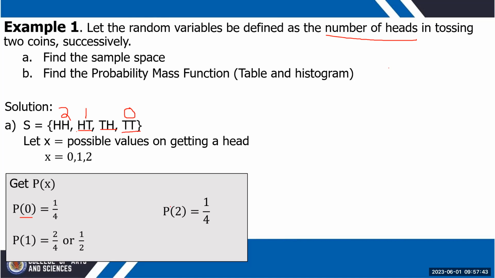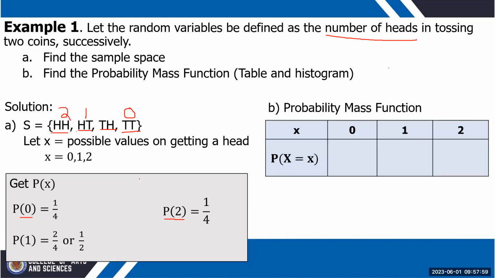Paano naman kapag dalawang heads? That is 1 out of 4. So that is how you get the probability. Okay? And then after getting the probability, pwede nyo na siyang isulat in its probability distribution or PMF.